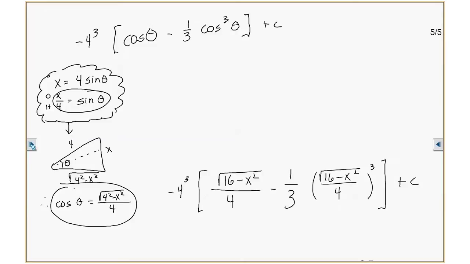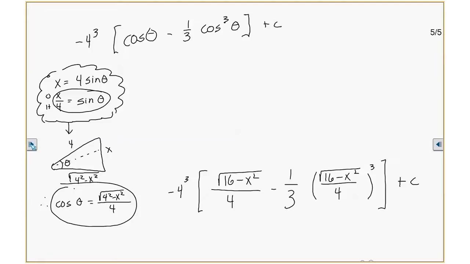There's not really much you can do with that, because that 4 is in, you have to fix the radical with that third, so that would be exponent over index. So that would be 16 minus x squared to the 3 halves over 4 to the third, 4 times 64, and then 64 times 3. I don't know what that is, 192.